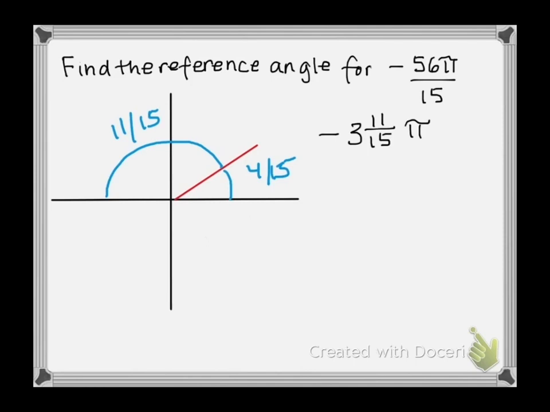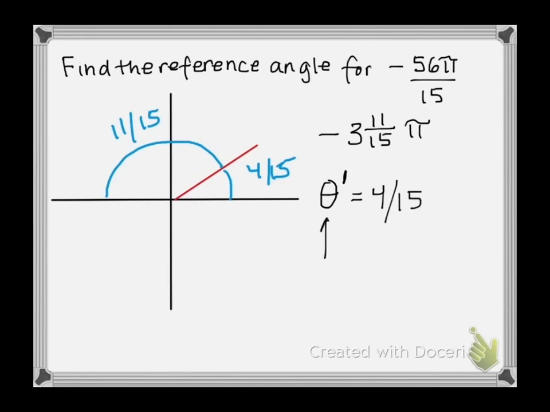Just one thing that I haven't commented on yet is the notation for reference angle. So there's a notation for angle typically, right? Theta. And then for a reference angle, often the notation that we'll see is theta, and then what looks like an apostrophe, equal to 4/15.